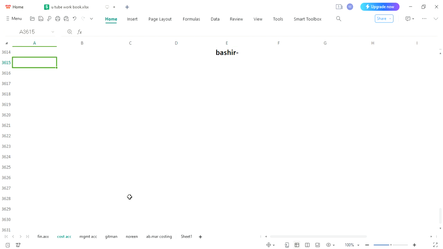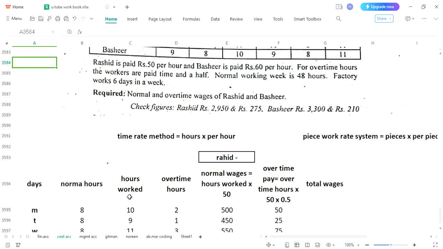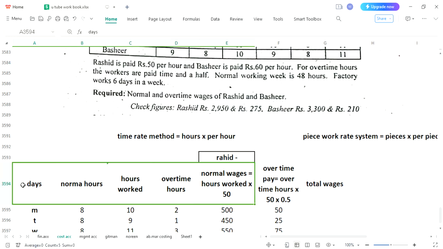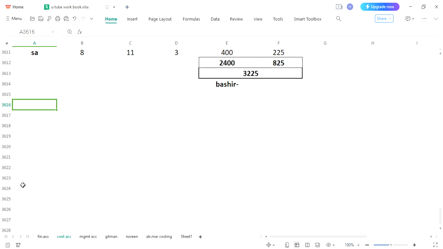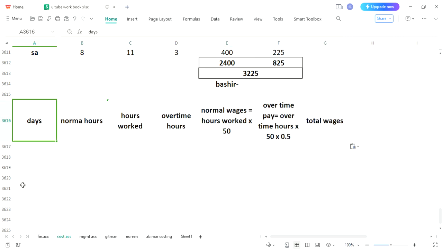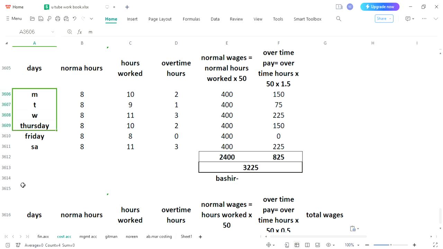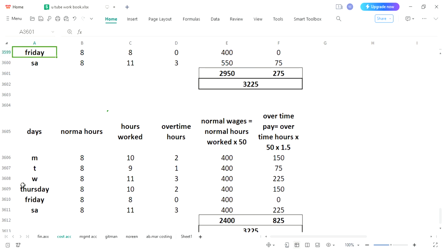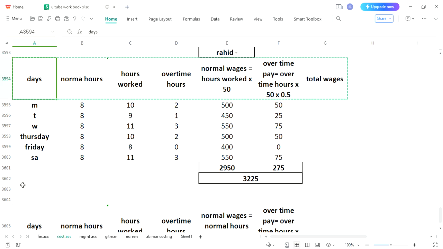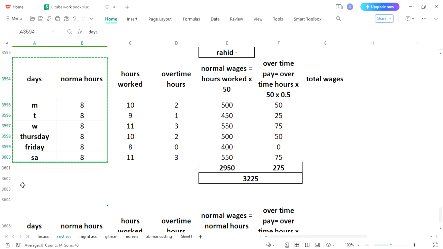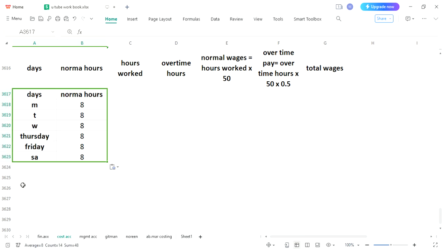For that we will use the same headings which were used for the calculation of the previous worker. Days would also be the same, so we are taking these headings as well. For the second worker, the normal hours category is also the same.